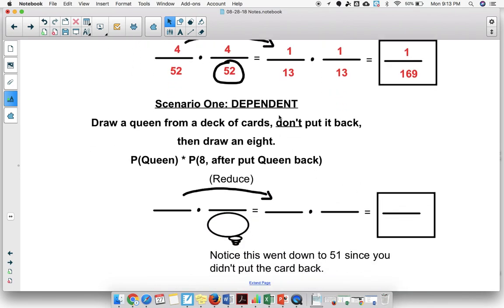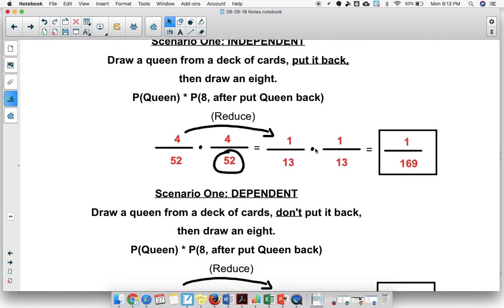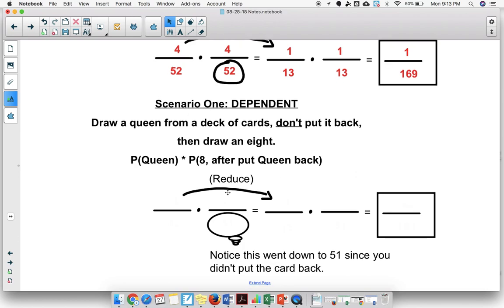Okay, let's see how that's different when we don't put the card back. So you pull it out of the stash. Well, the queen scenario, there's still going to be 4 out of 52. But what happens is if we don't put the card back, there's no longer 52 cards to pick from. We only have 51. Now, there are still 4 8s.